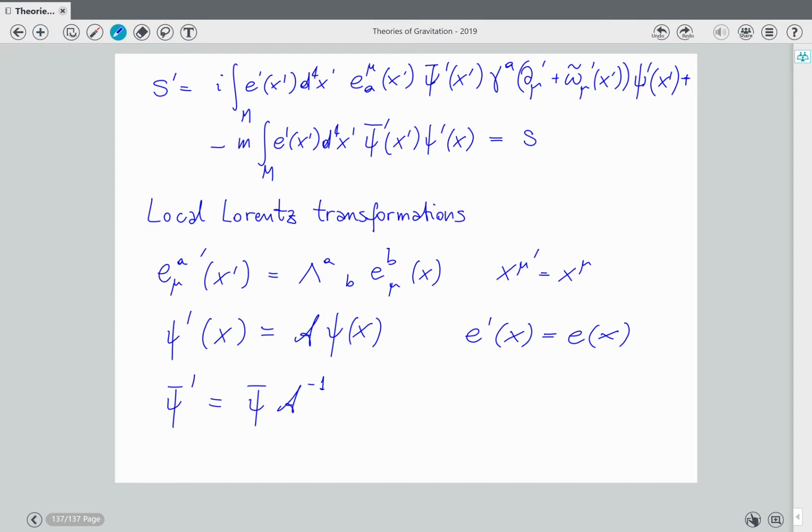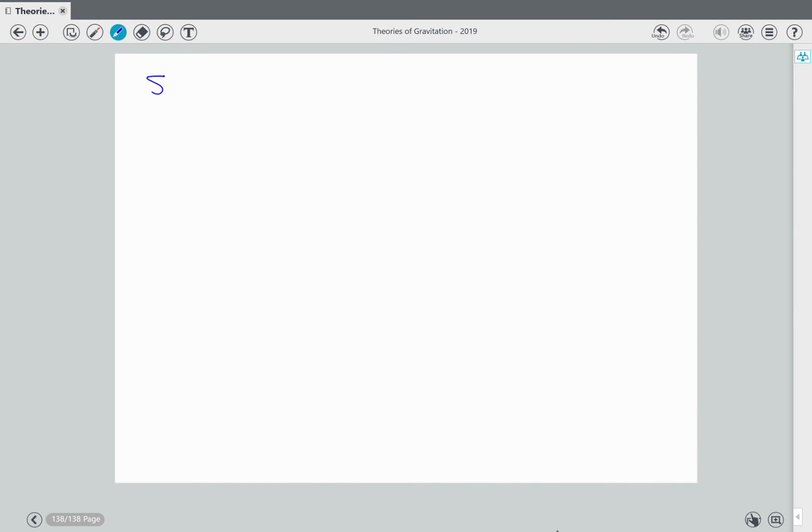So now I consider just the kinetic action. And we want to check what happens to S_k prime.